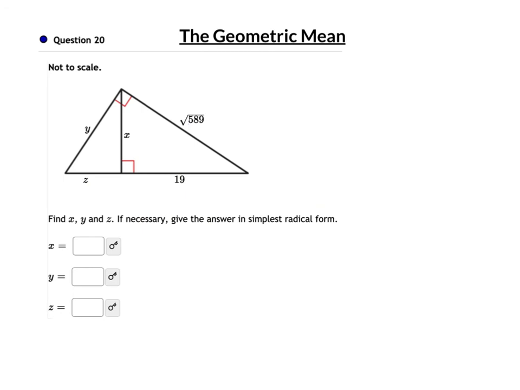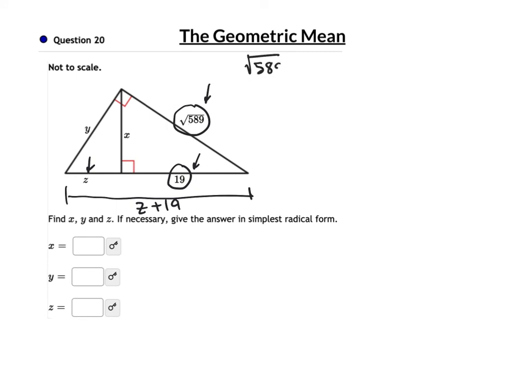Question 20. The values we can work with are the 589 and the 19. That means I can find z because the leg squared is equal to the piece on its side times the whole hypotenuse of the big triangle, which is z plus 19. That's root 589 squared equals the piece on its side, 19, times the whole hypotenuse, z plus 19.